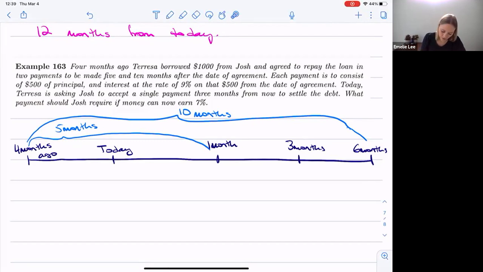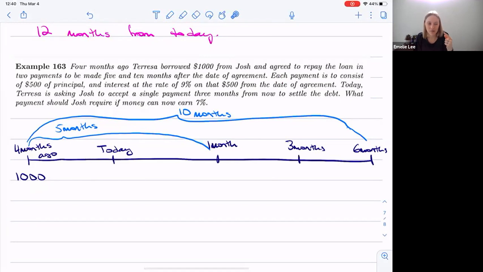Okay, so 4 months ago, she borrowed $1,000. So remember, dollar amounts should go below these ticks. So I have $1,000 here, and she was going to make multiple payments to pay off this $1,000 plus interest. Oh, whoops, sorry. $1,000 was split into $500 and $500.